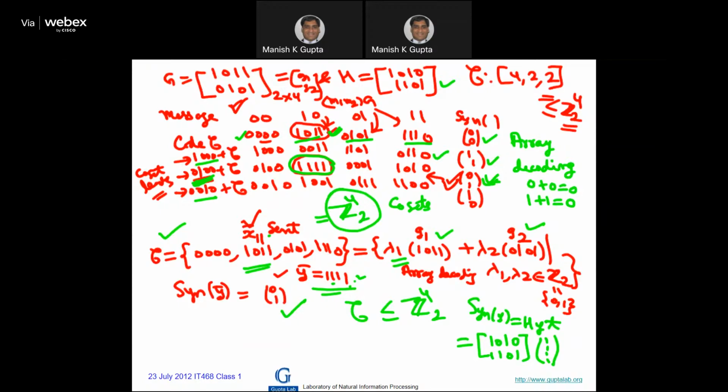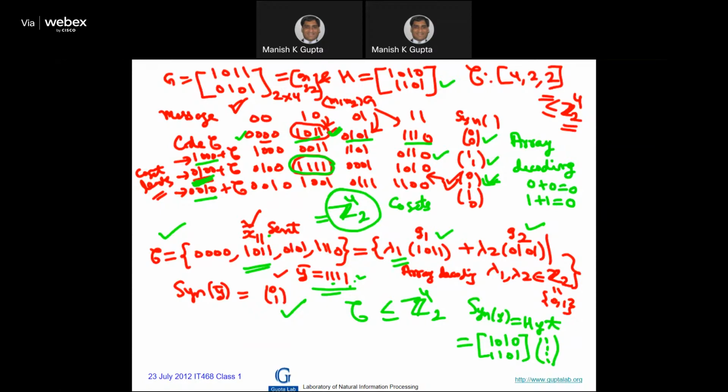Lambda 1 is 0 or 1, lambda 2 is 0 or 1. You will get all these 4 vectors. From the basis vectors, I can find all the 4 vectors. This is our code C.